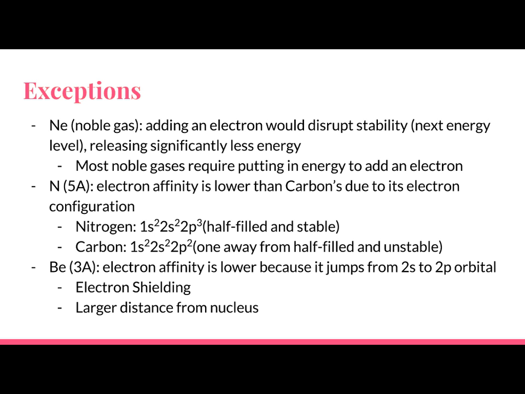So if you look at nitrogen's orbital notation, it's half filled and it's stable, but as soon as you add or remove one, so if you remove one, the attractions, so the repulsion, or I think adding one makes more sense.